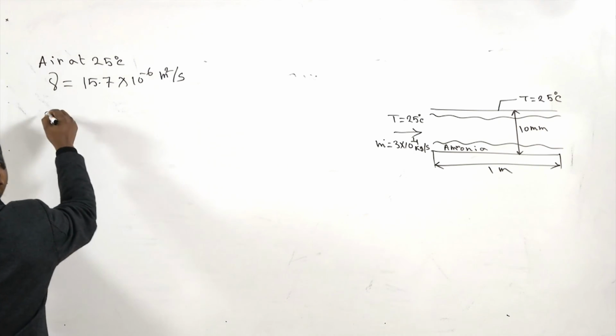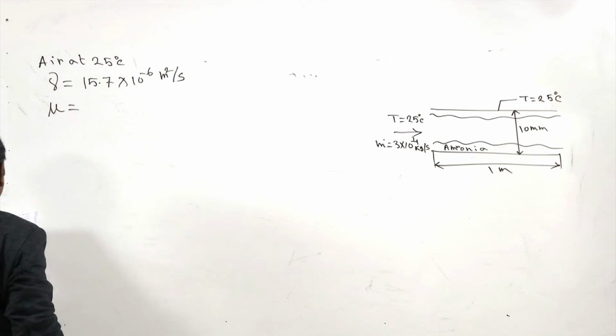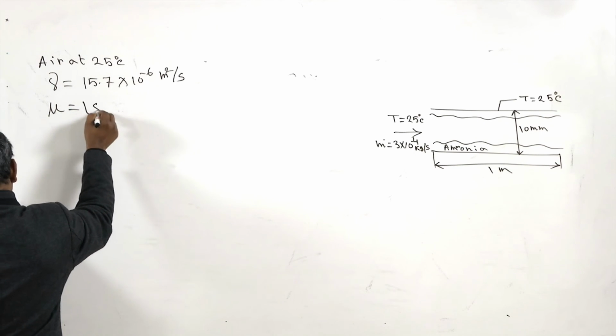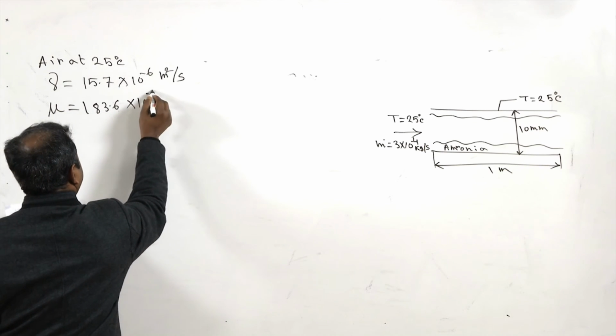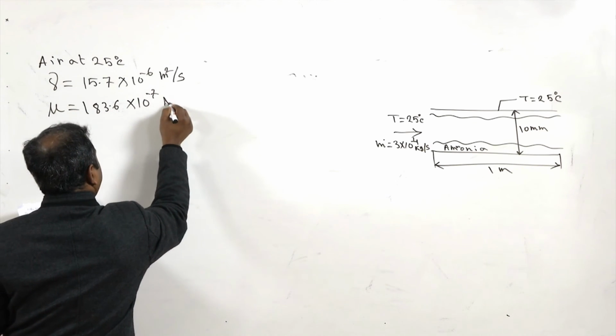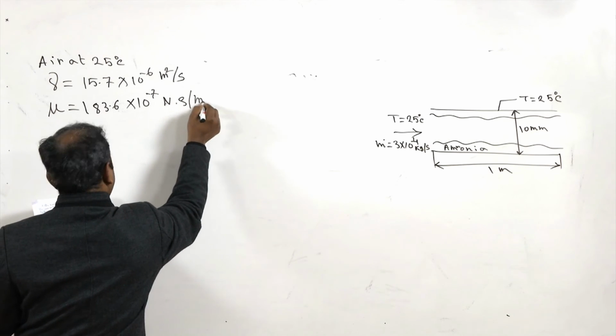Then we require the viscosity mu, which is 183.6 into 10 to the power minus 7 Newton second per meter square.